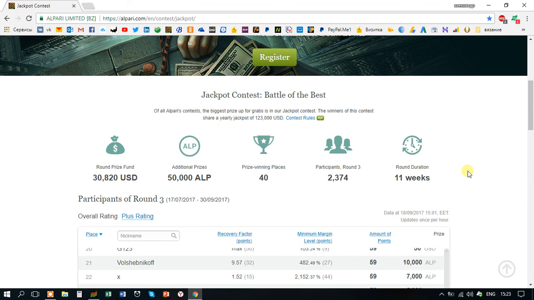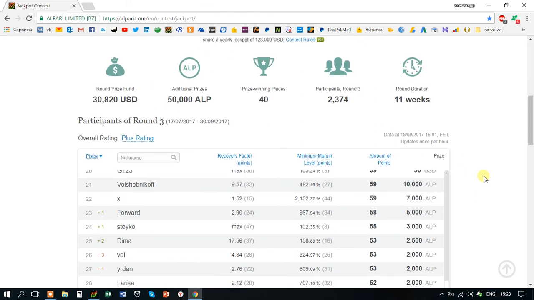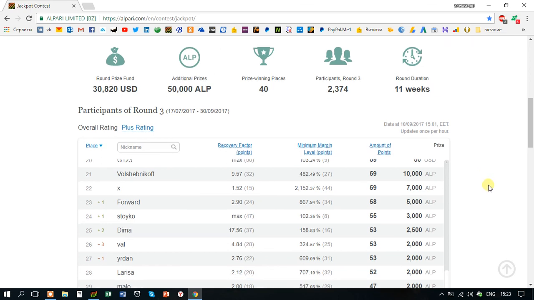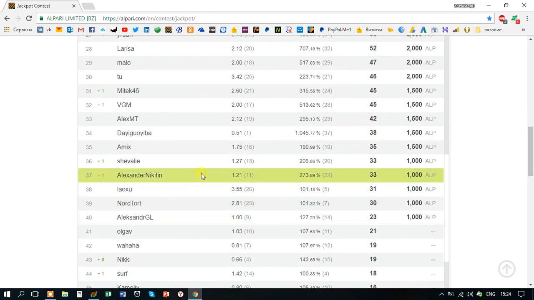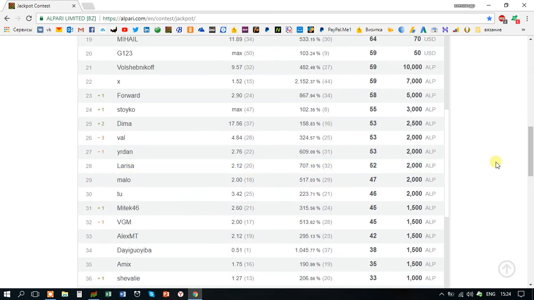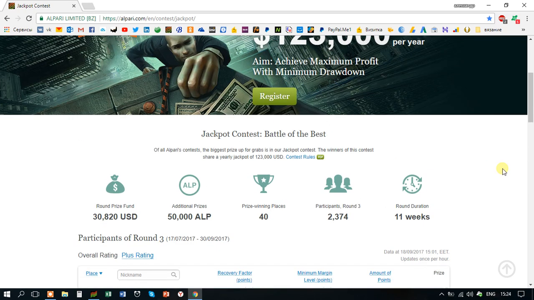I didn't start from the very beginning, so I didn't have the chance to generate more money, but I do that with my strategy. Let's hope that I will stay within that rating, and maybe I will be rewarded for that contest.